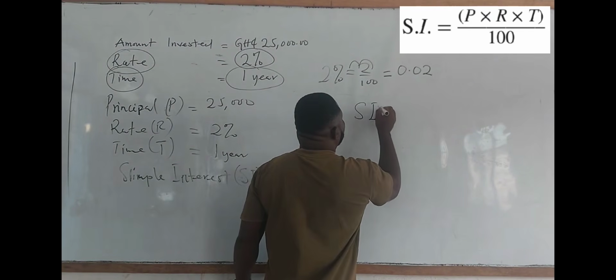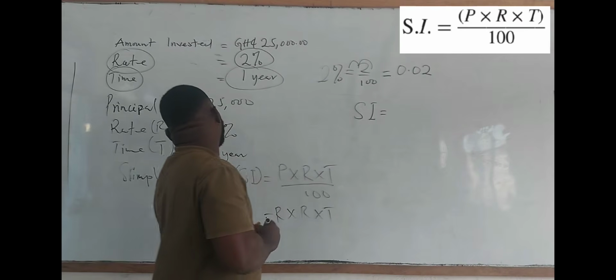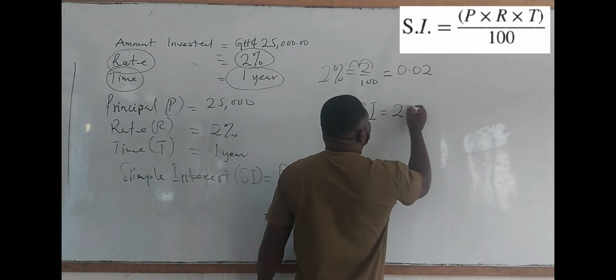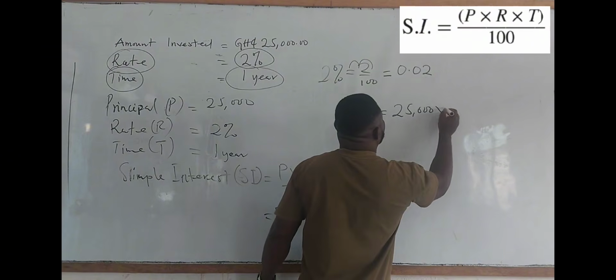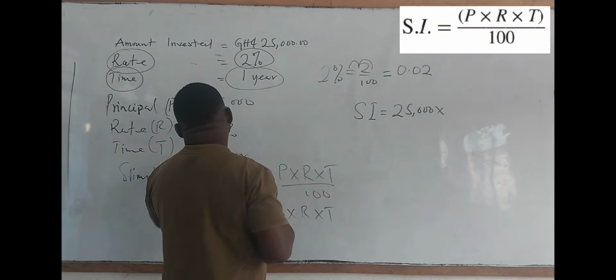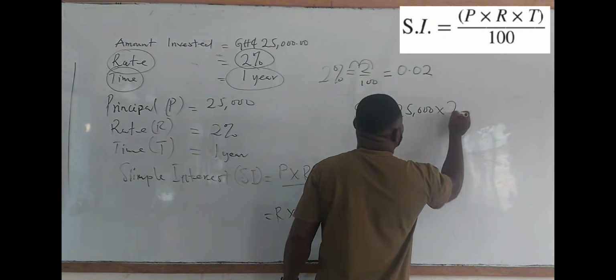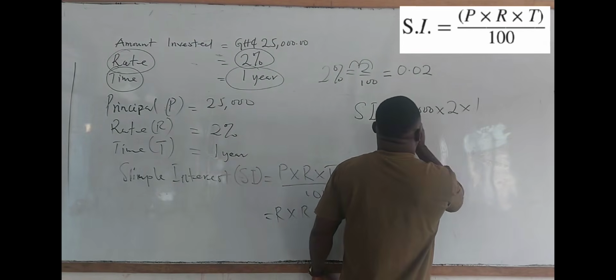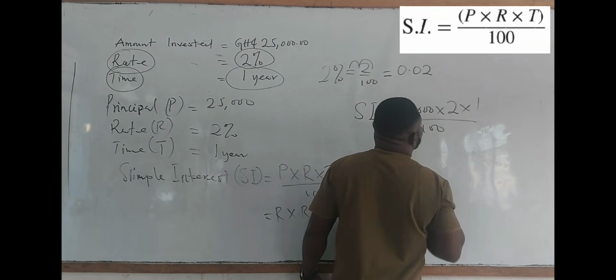We said SI should be equal to the principal, which is 25,000, times the rate, which is 2%, put 2 there, and then times the time, which is 1 year, all over 100. Right?